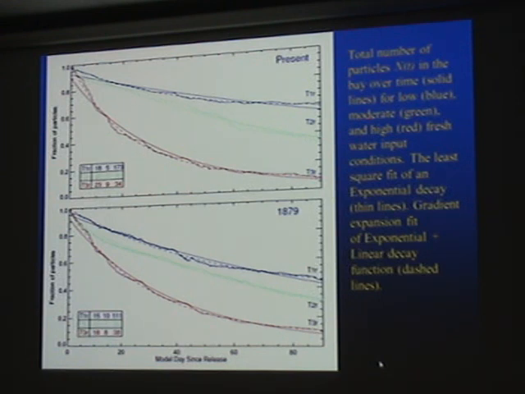The dashed line is an exponential decay plus a linear decay that we fit to the number of particles over time. And you can see, if you look closely, that there is some change in all three periods between pre-human influenced bathymetry and present day bathymetry, but the biggest change is during the dry period.